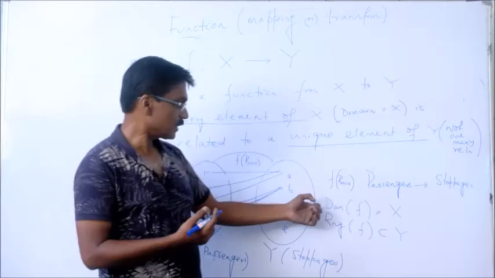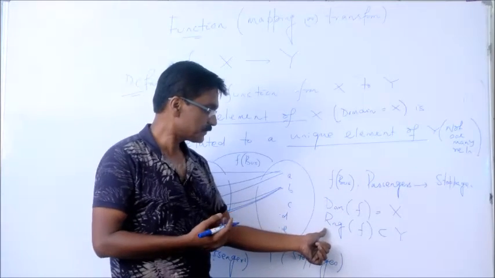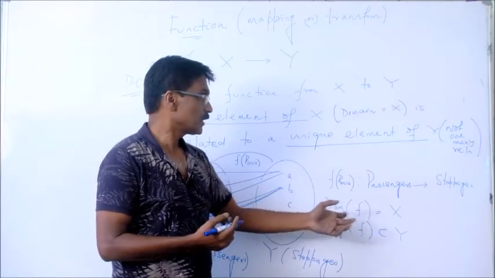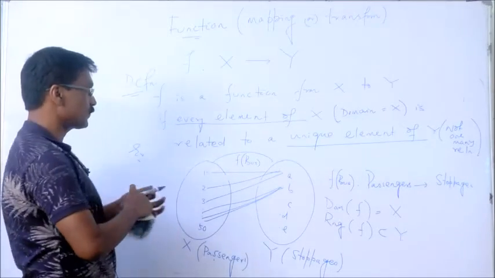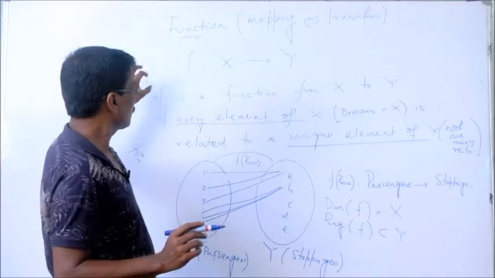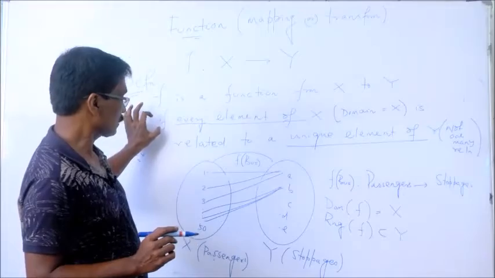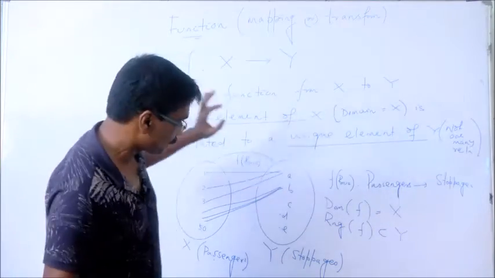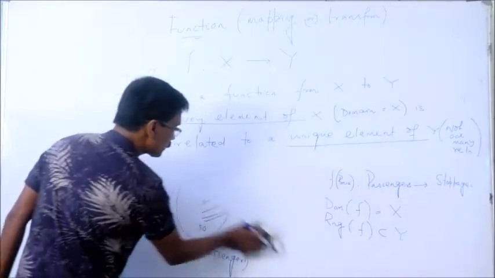A function is a transformation or a mapping which transforms all elements of x set to a unique element of y set. So, we have domain and range of a function.